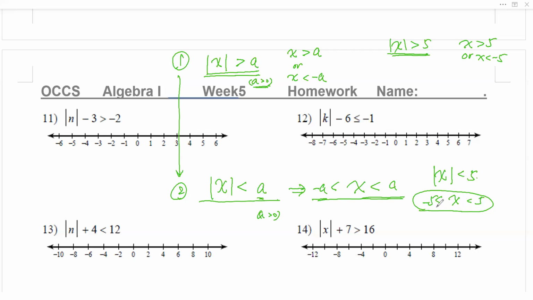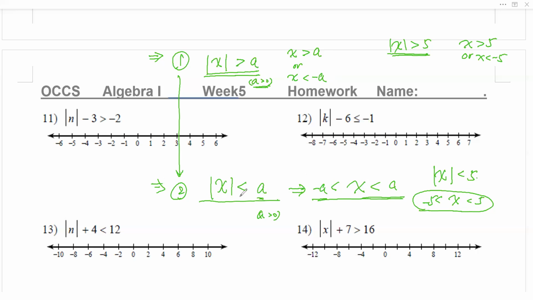So it should not be in this solution. Understand? So it's very critical to remember these two. When absolute value is greater than a, you get 2 solutions: x greater than a or x less than negative a. When absolute x is less than a, when you open it, you just get it like this.